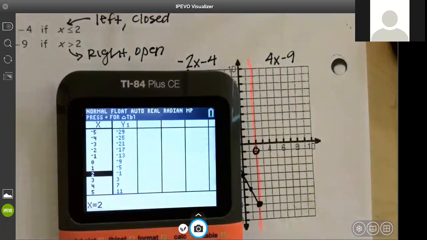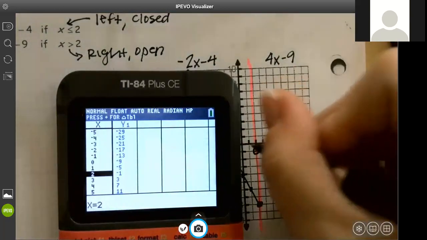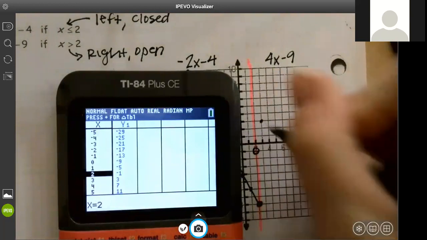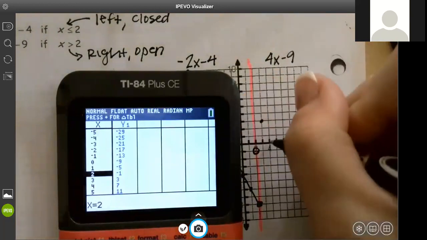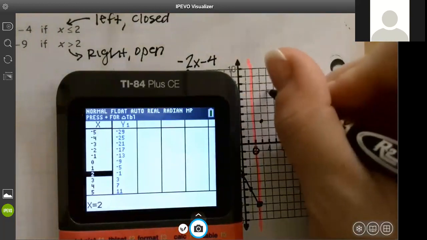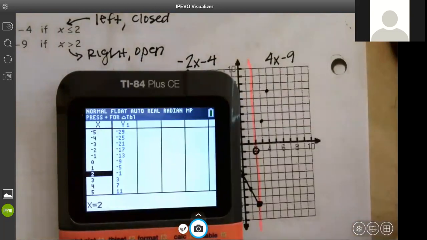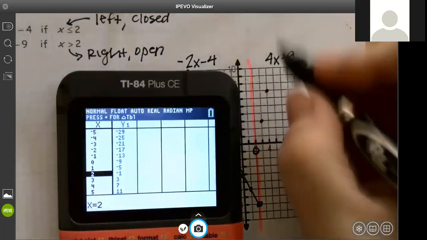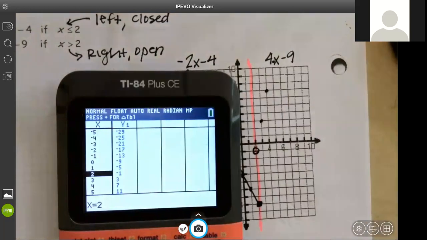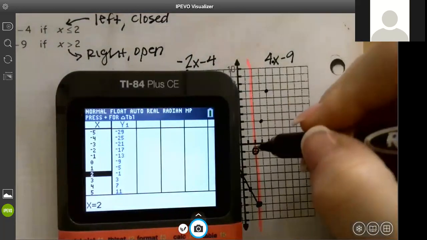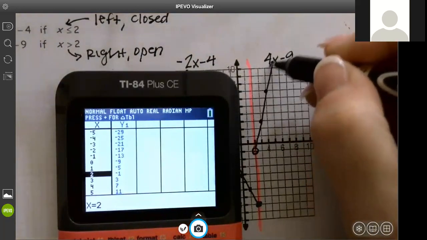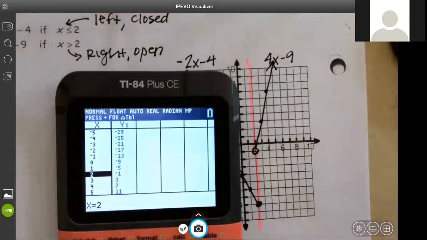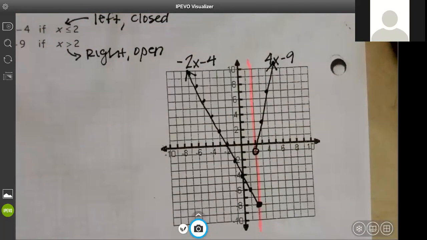We're going to graph to the right, so that means bigger values. (3, 3), (4, 7). And if you can see, that's up 4 and over 1, and I really can't get another one on there. And then connect your dots. There's your piecewise function.